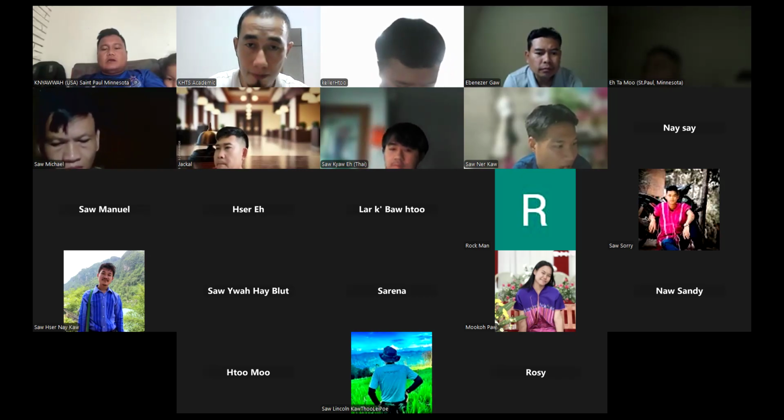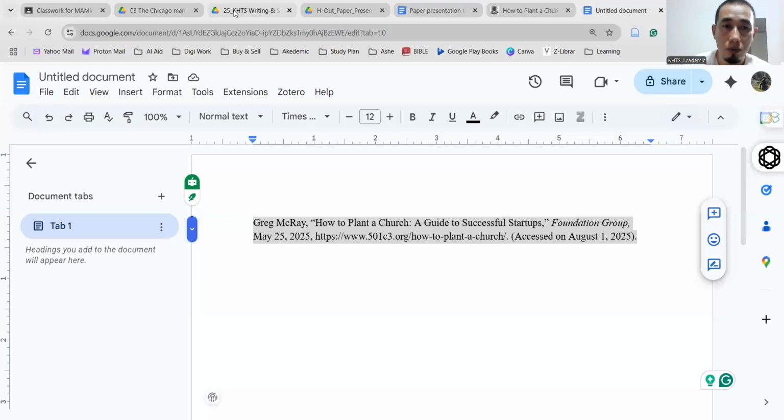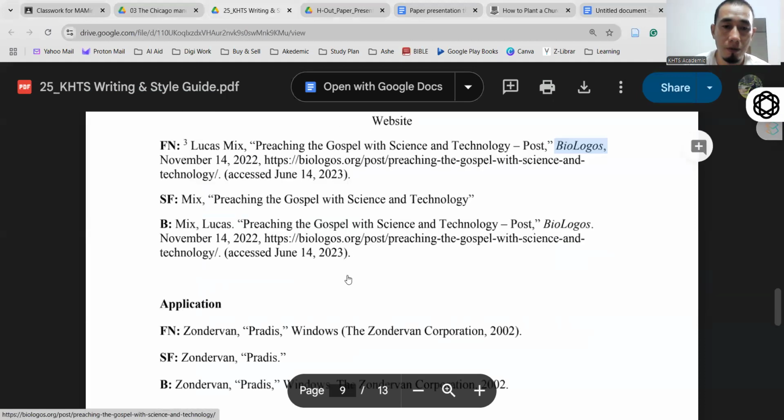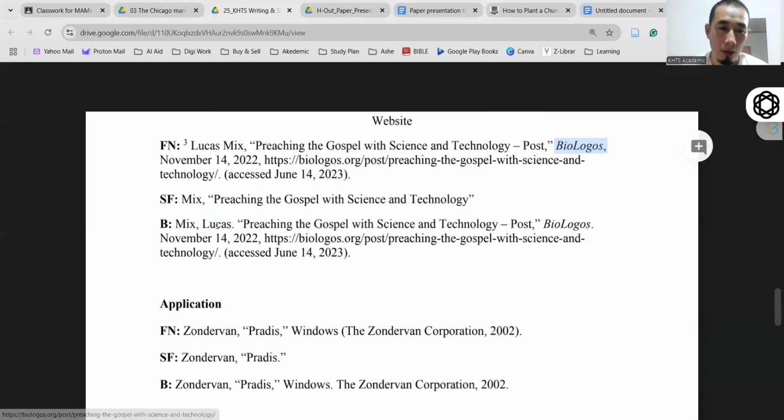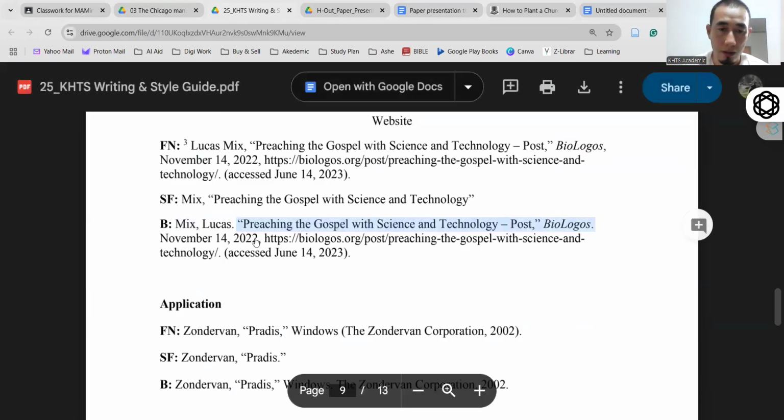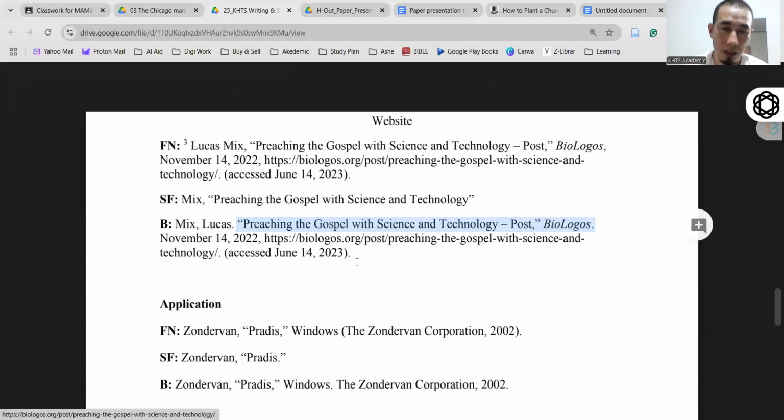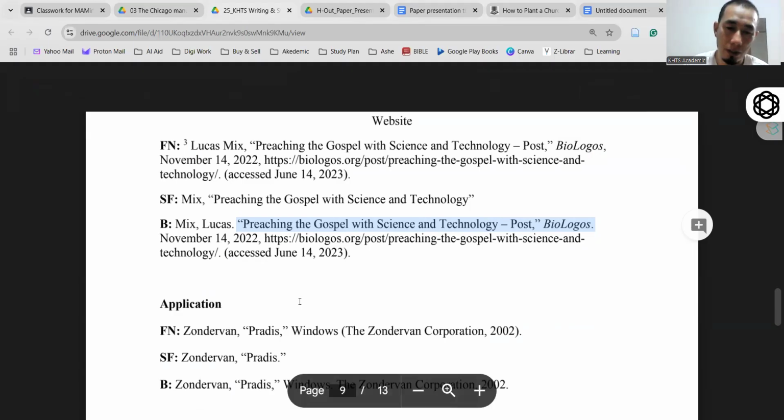Untitled document, yeah. How to put up the bibliography? Now, in the bibliography the name will be changed. The first name will go to the last. Same as it is, except the name will be changed, or else everything will be as it is. All right, that is the bibliography or references.